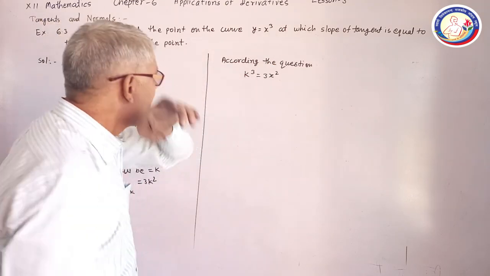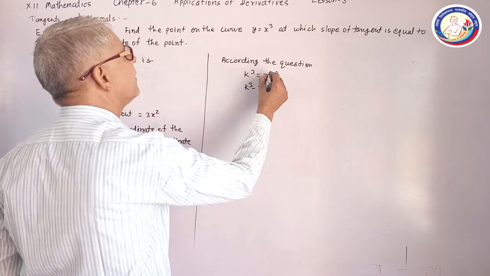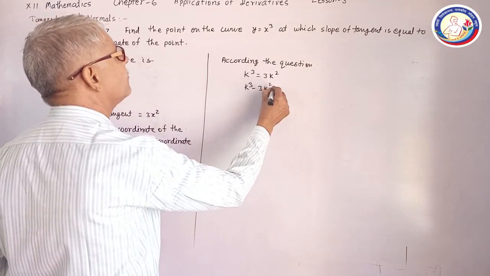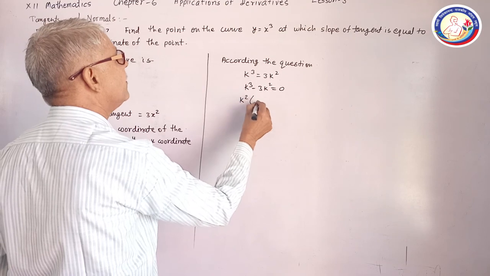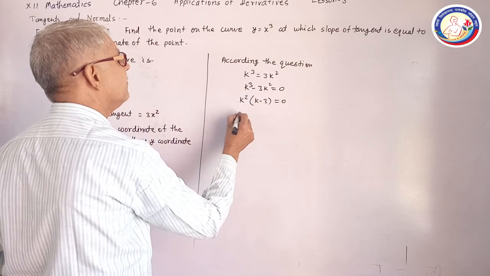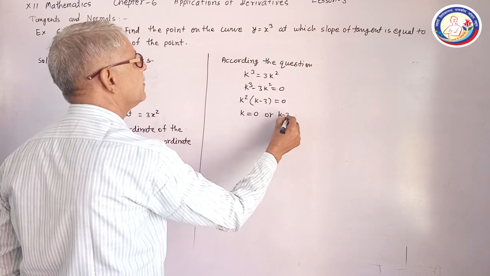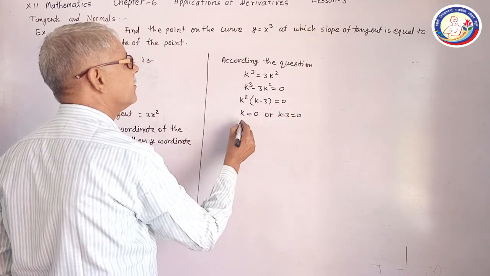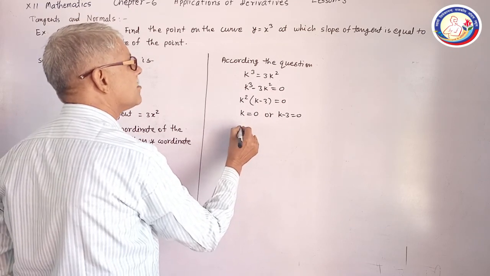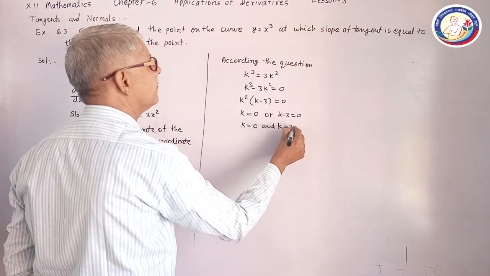It is given in the question. So k cube minus 3k square equal to 0. So take k square common, k square into (k minus 3) is 0. The solution of above equation, we shall have k equal to 0 or k minus 3 equal to 0. Hence k equal to 0 and k equal to 3.